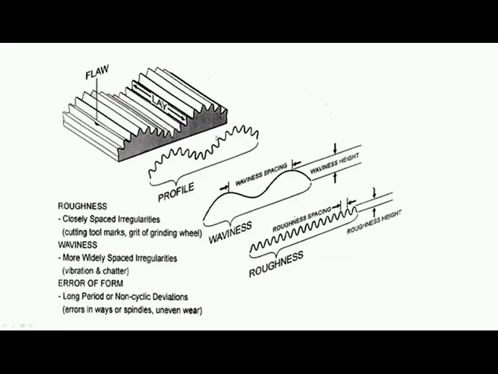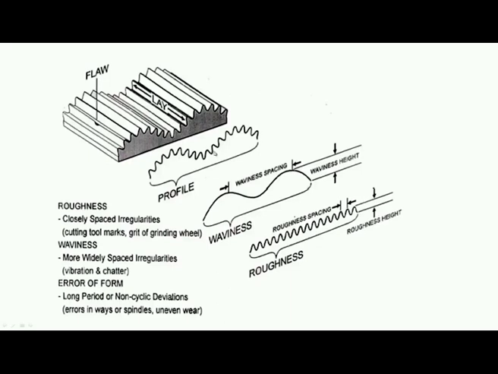So various parameters are combined in this particular shape, which is termed as profile. And here you can see there is a scratch or depression in the surface. This is known as a flaw, and we can also see the direction of tool marks, which is termed as lay.